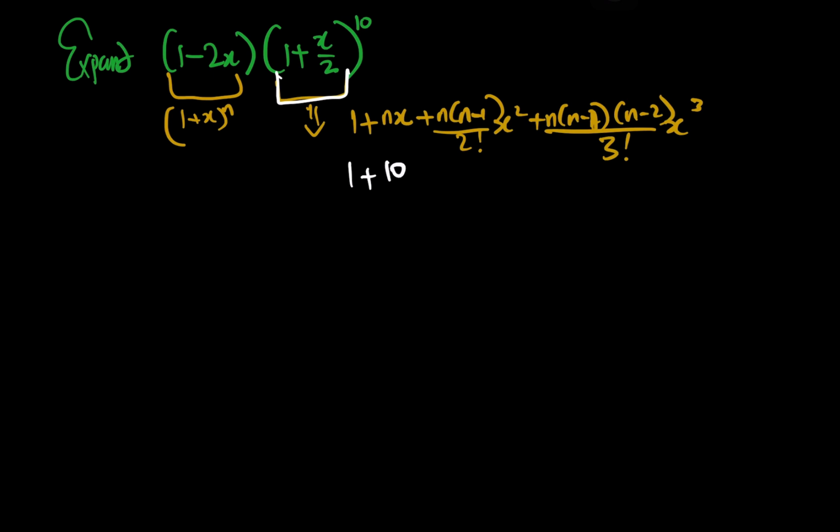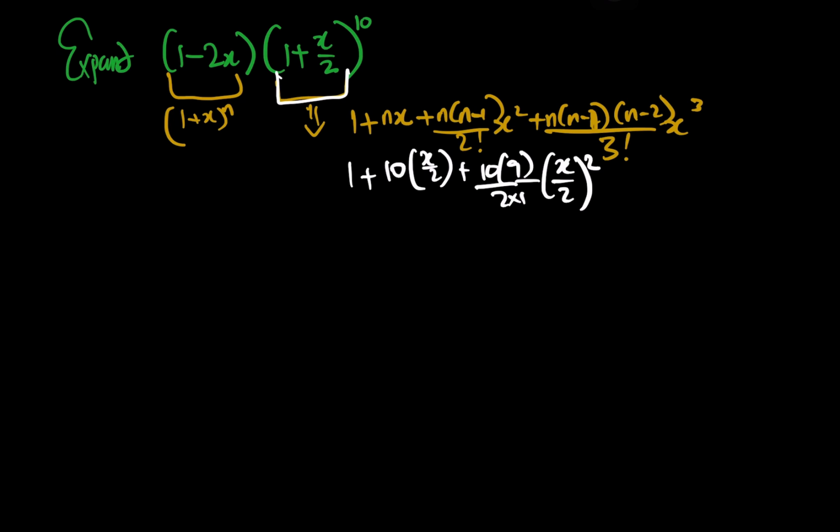is x over 2. All right, like that, plus the n there is 10, this is 9, over 2 times 1, and then the x squared becomes the x there we said is x over 2 squared, and then we work out everything, and it leads us to whatever.